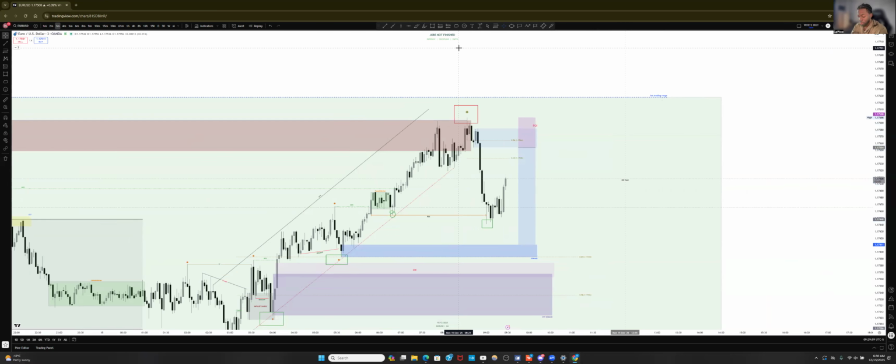Okay. One leg, two leg, came down, induced, did mitigate, price return into our zone. It looks possible for that move. 1.7554.